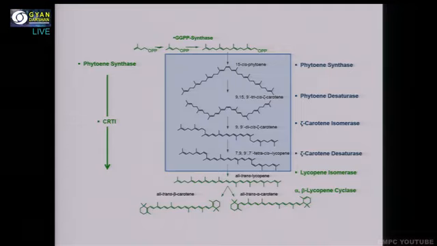People selected this gene from the bacterium Erwinia uredovora, and cloned three genes: phytoene synthase, the CRT1 gene and lycopene beta cyclase. These three genes were cloned in rice, and they could generate golden rice, that is rice which is rich in carotenoids.